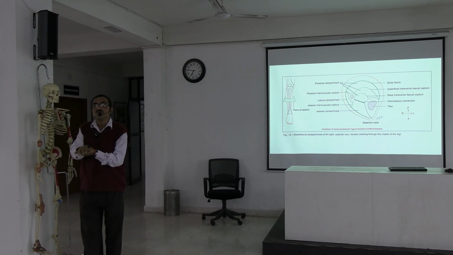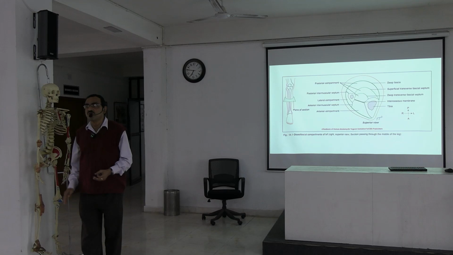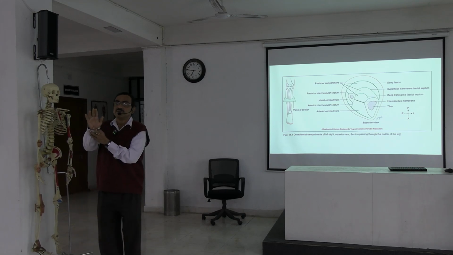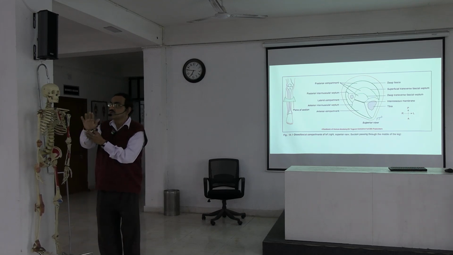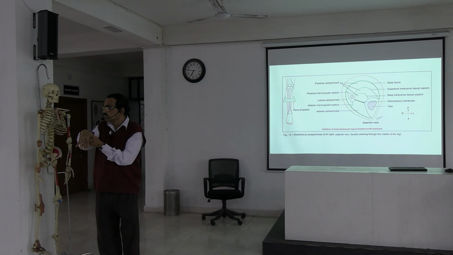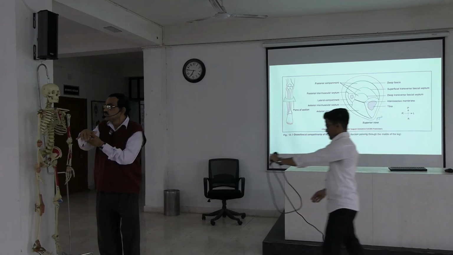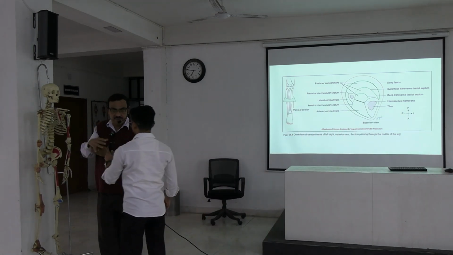So these anterior compartment muscles are called the extensor muscles, whereas the posterior compartment muscles cause flexion. So it is called the flexor compartment.